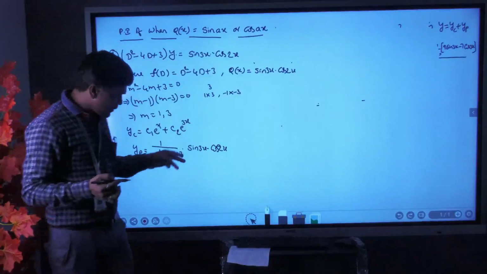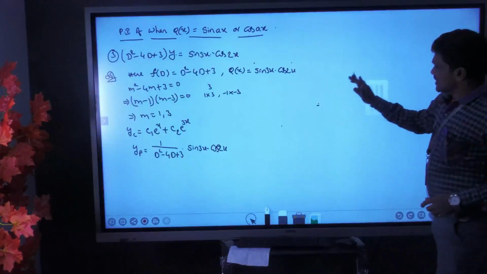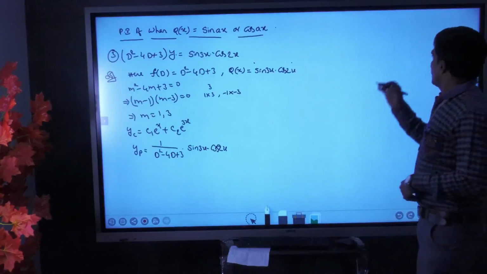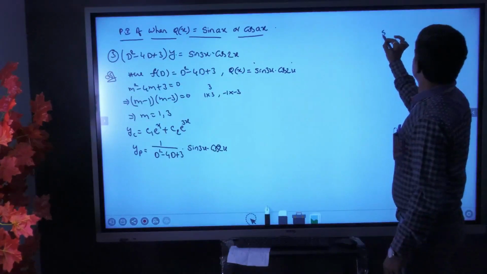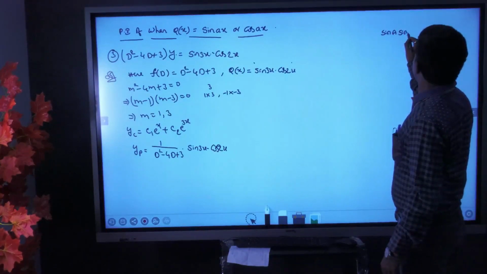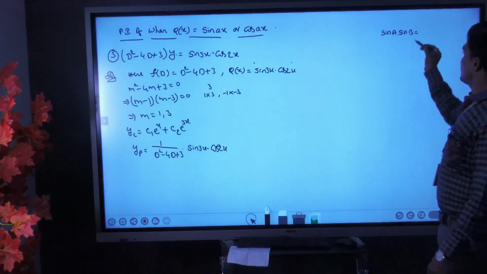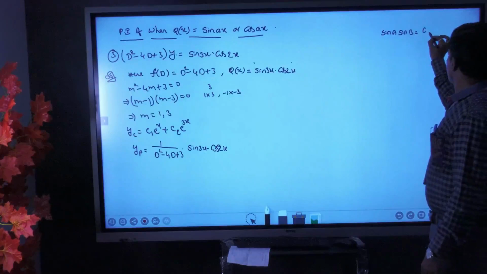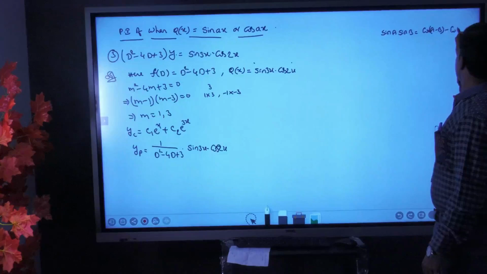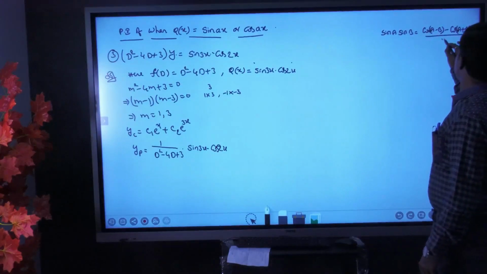So first of all we have to learn the formulas. What are the formulas for sin a sin b, cos a cos b, sin a cos b? Sin a sin b can be written as cos of a minus b minus cos of a plus b, by 2.